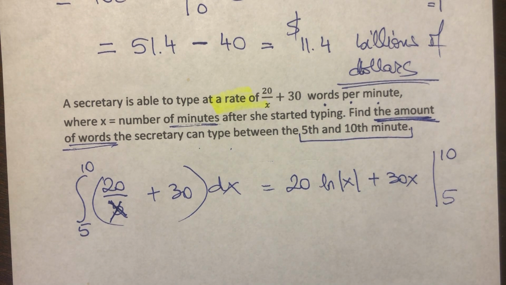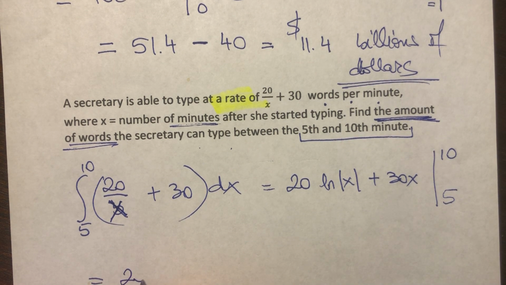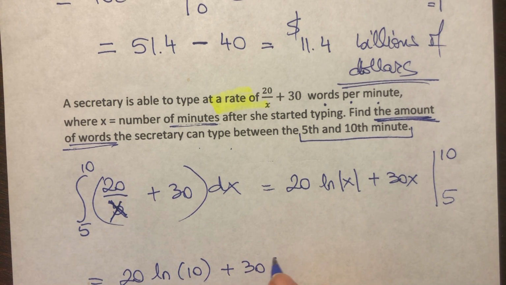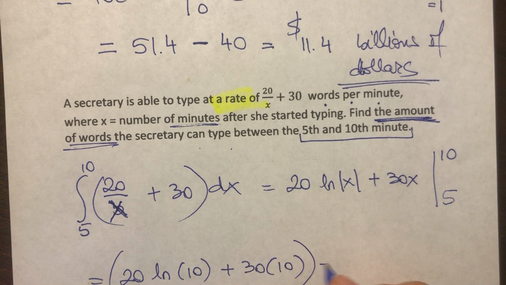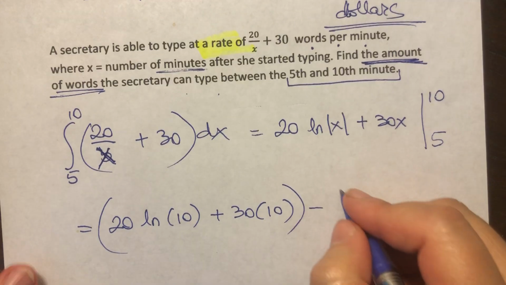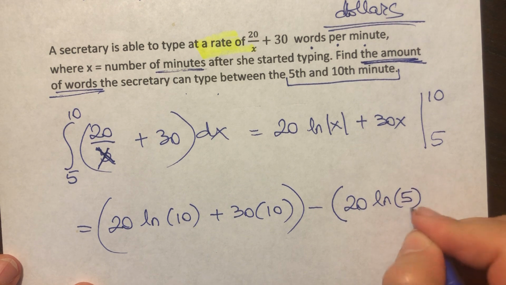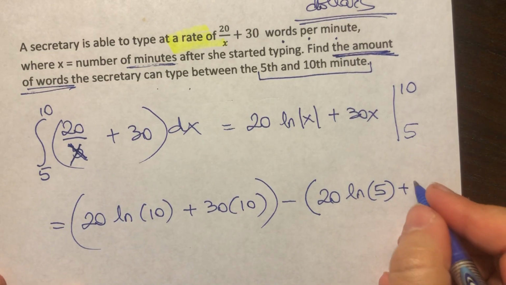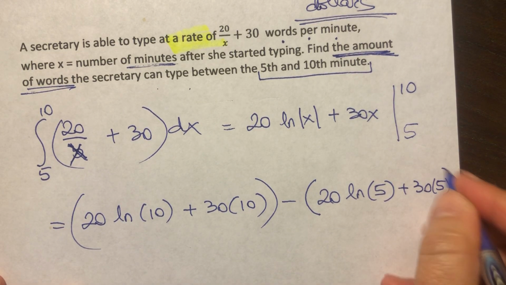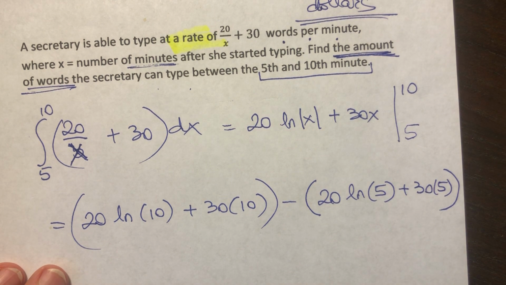Well, in the other order. So it's 20 ln of 10 plus 30 times 10 minus, keep it grouped when you have more than one term so you don't forget, as you've been forgetting with other things, to distribute in that minus.